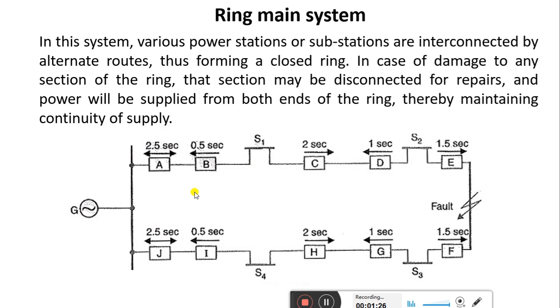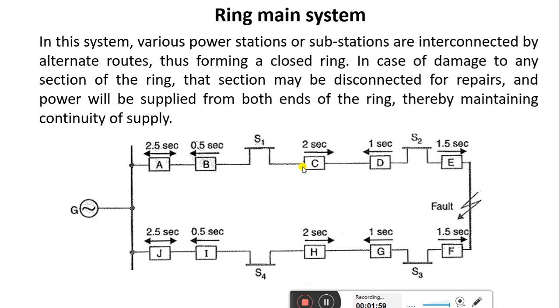In the top line we see that circuit breakers A and B have been provided, and again there is a substation S1, and between substations S1 and S2 we have again provided circuit breakers C and D, and after that we have a circuit breaker E.